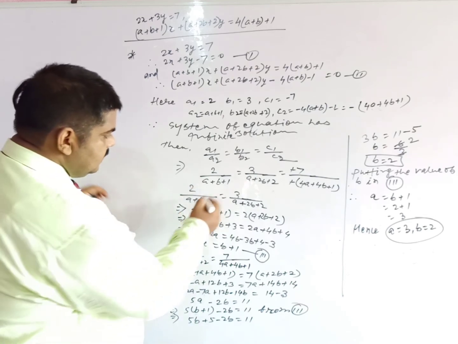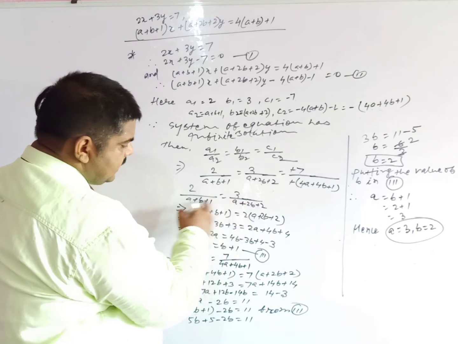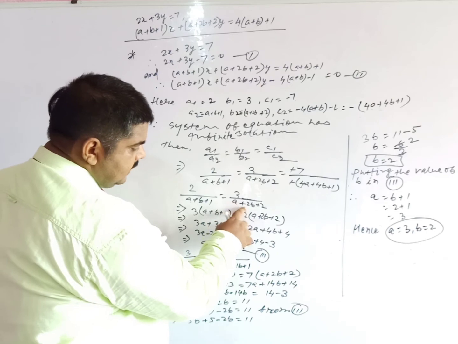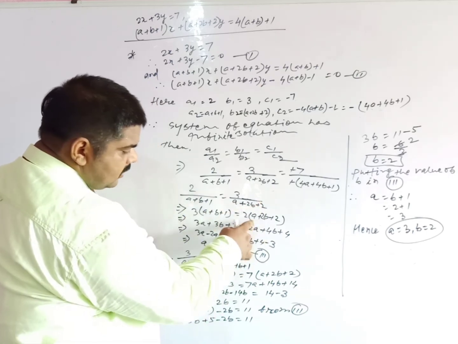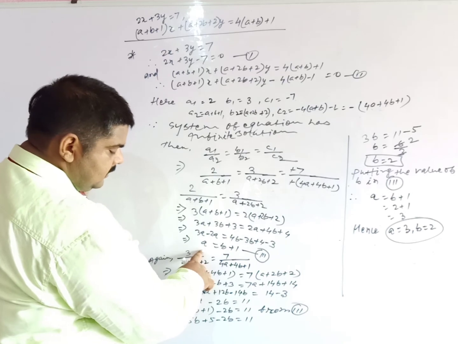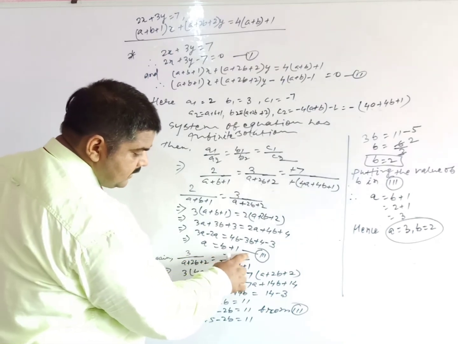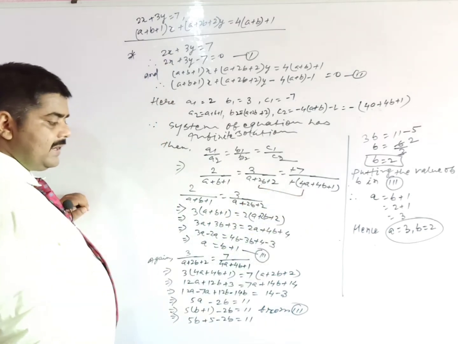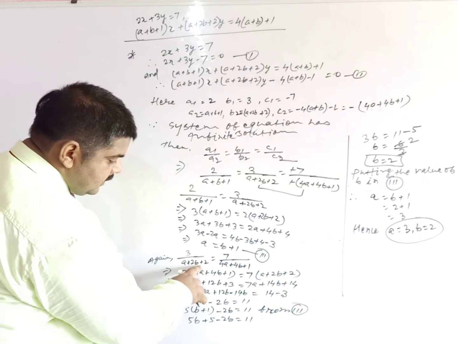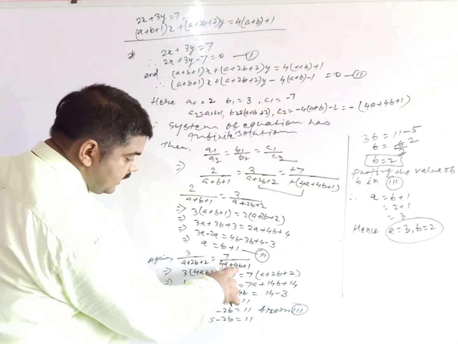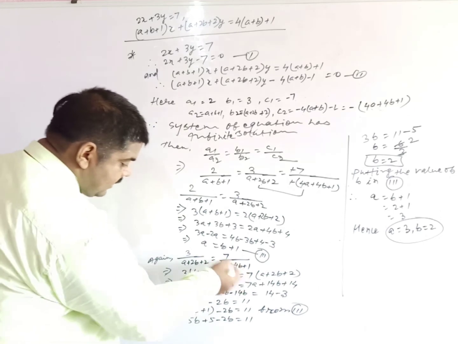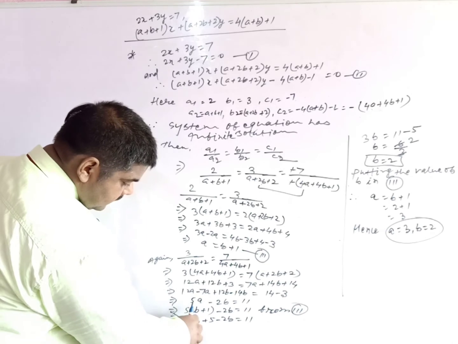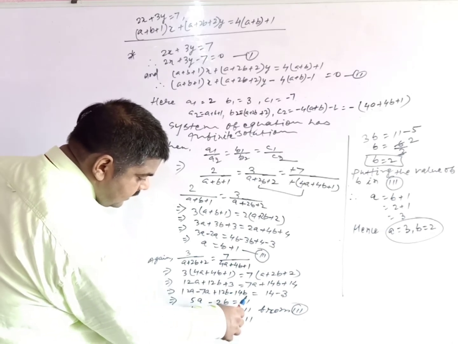I have taken the first and second parts equal: 2 upon a plus b plus 1 is equal to 3 upon a plus 2b plus 2. Then by cross multiplication I find the equation a is equal to b plus 1, and it is considered as the third. Again I have taken the second and third: 3 upon a plus 2b plus 2 is equal to 7 upon 4a plus 4b plus 1, and by cross multiplication I get 5a minus 2b is equal to 11.